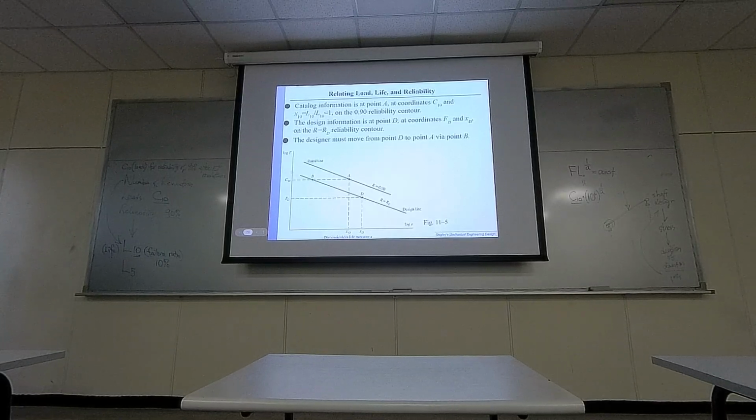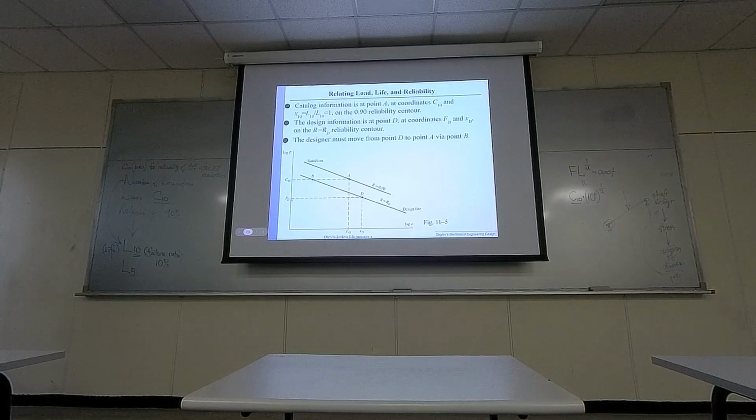When it's in the left lower portion of the rated line, that means you're looking for some reliability that is greater. Okay, and C10 you can get from the catalog. So X10 right here basically is life 10, so it's 10 to the power of 6.